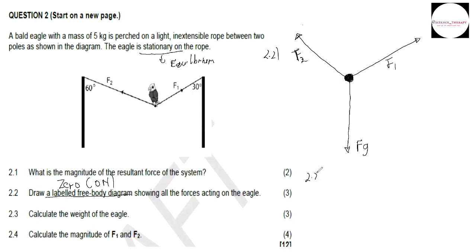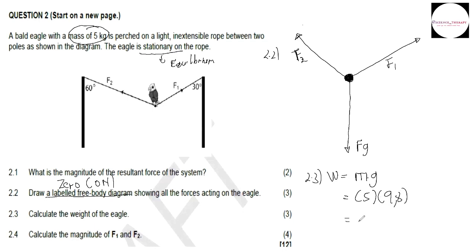2.3 says calculate the weight. To calculate the weight, we need to say W equals m times g, mainly because we are given the mass. Remember, they told us the mass is 5 kg, and our gravitational acceleration is 9.8.